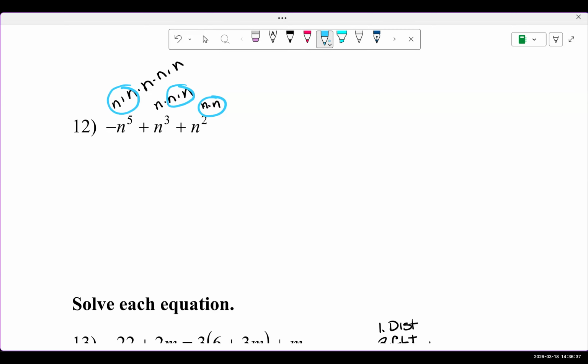So if I divide away n squared, so I'm going to say negative n squared, we're going to change all of the signs. So if I take out 2 n's, I have n cubed remaining. Divide by n squared, I have n. N squared divided by n squared is 1. Remember the placeholder. And there you go.